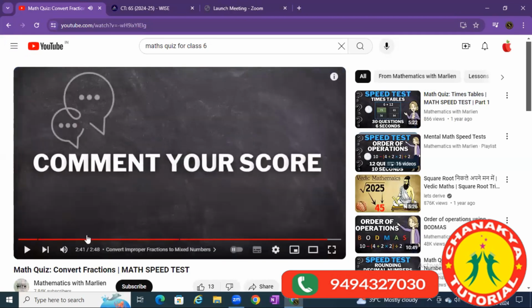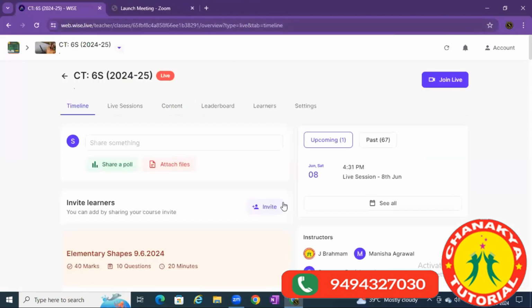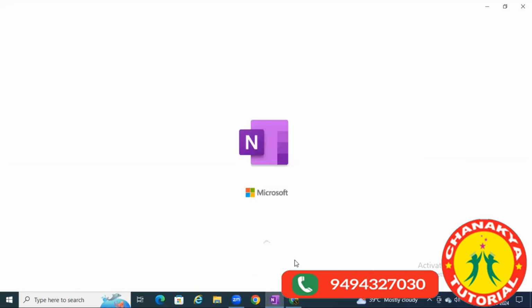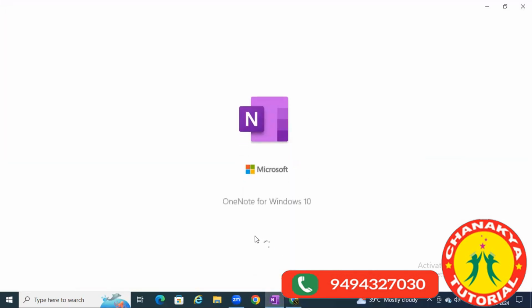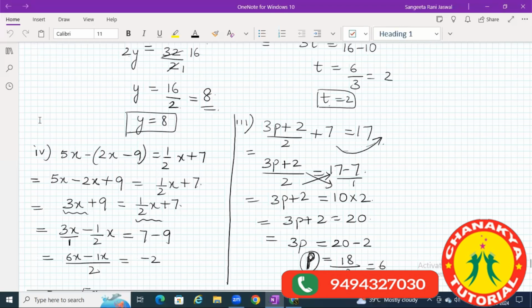Okay, so this was it. So what's your score? 10 out of 10. Very good, beta. Thank you, ma'am. So this was only on mixed fraction to improper fraction, right?